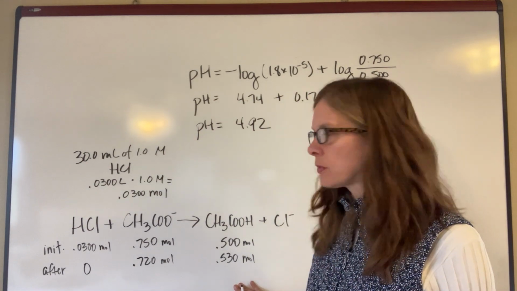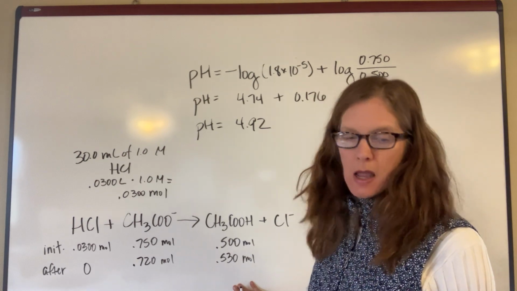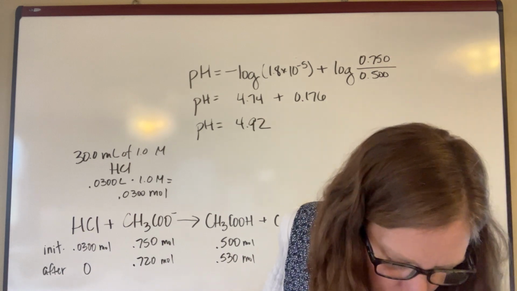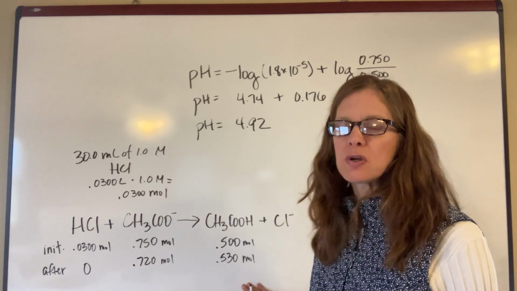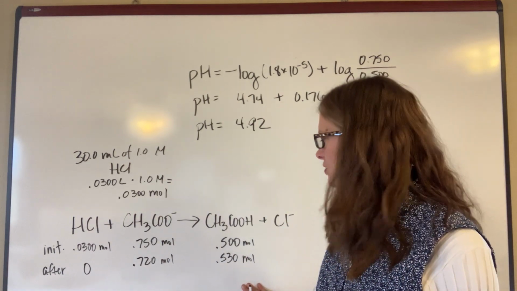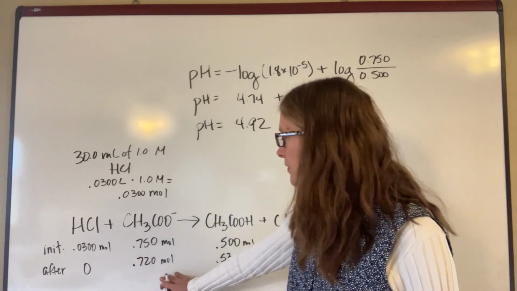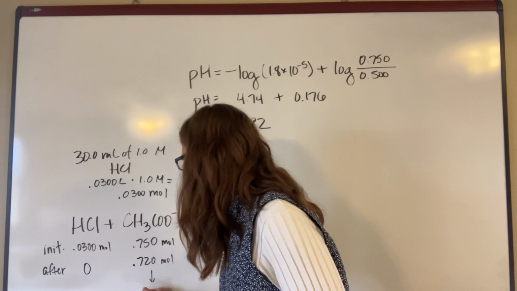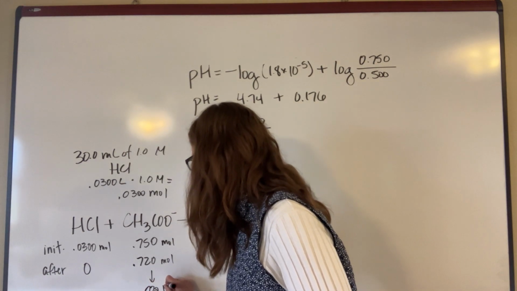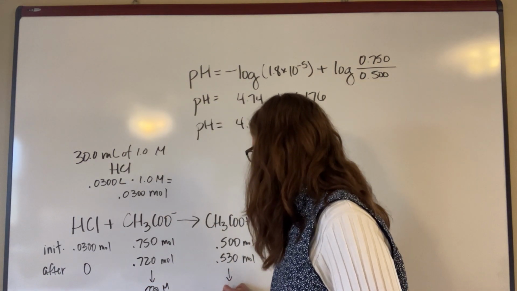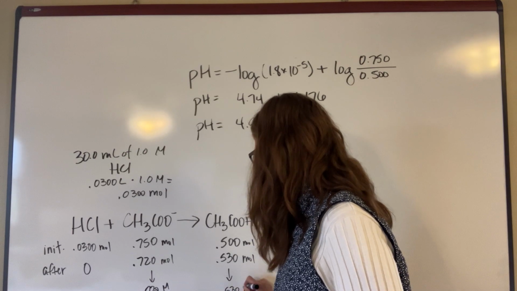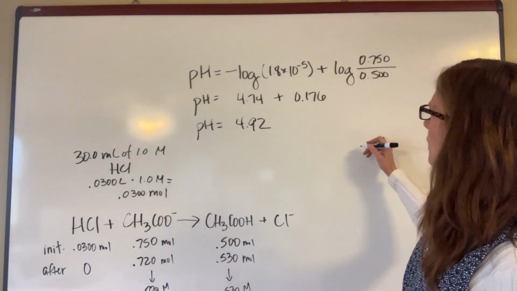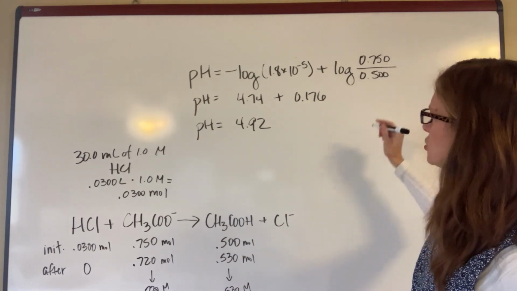So now when I calculate this, he was also very, very nice to you, and he told you that even though we added 30 milliliters, you could neglect that new volume. And so that makes the number of moles the same thing as the molarity, because he said to neglect the volume. And so since I had a liter of solution, this is still going to be molarity. Okay, so now all that's changed in this equation are these two concentrations here.